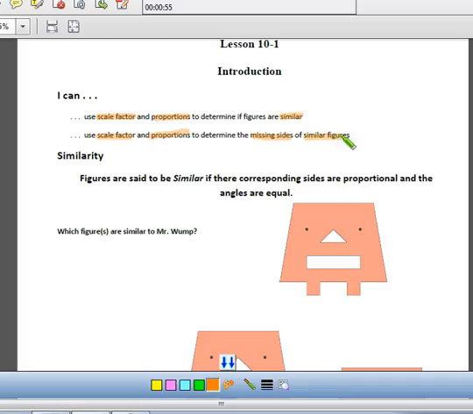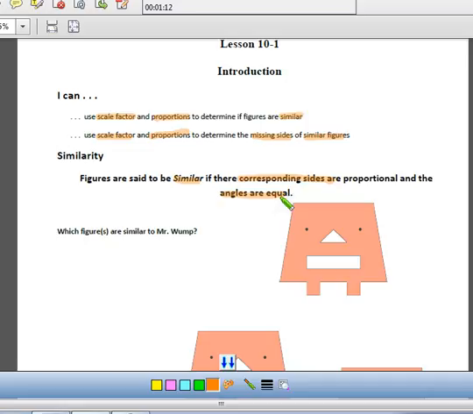Alright, so let's talk about what this word similar or similarity means. Figures are said to be similar if their corresponding sides are proportional and the angles are equal. Now that corresponding sides is a very key element to this. Basically, that's the sides that line up. Like the top lines up with the top, the bottom.